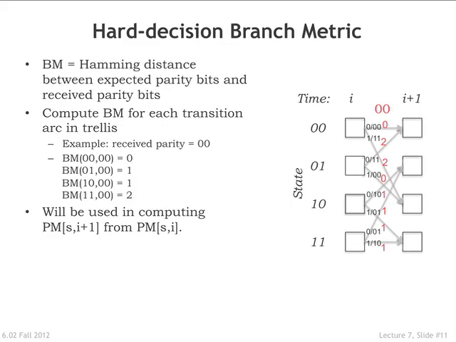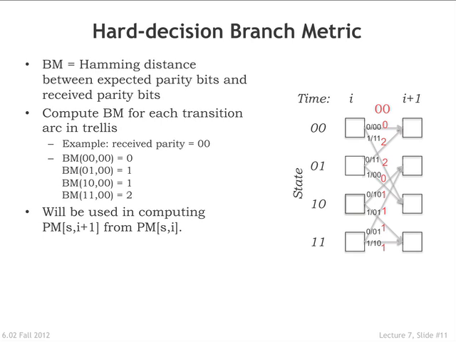So let's actually just step through this. We're at some intermediate stage. We're just doing the same thing I had on the board. I'm doing it again in pictures here so you get to think about it one more time. Suppose we've received 0, 0.